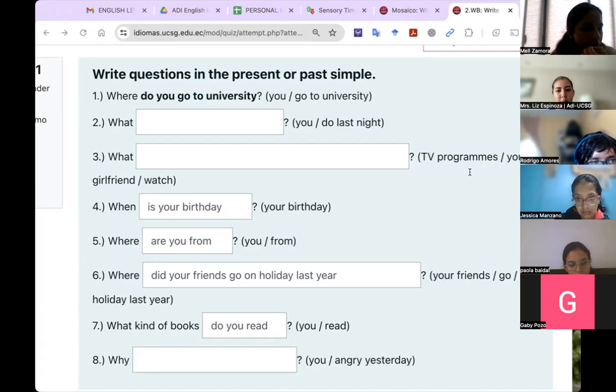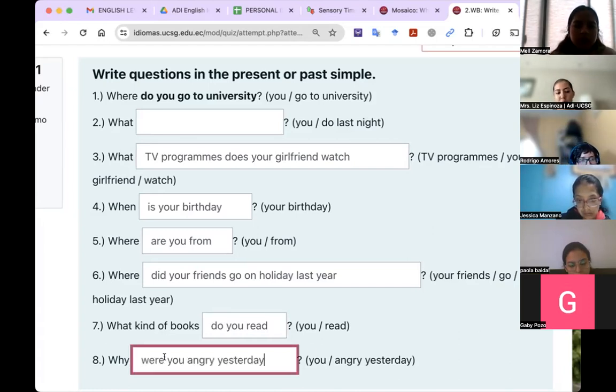Why were you angry yesterday? Okay. Here it says that you are using the verb to be, but in past. And remember that in past it is was or were. Very good. You cannot say was you angry because you is not third person, right?